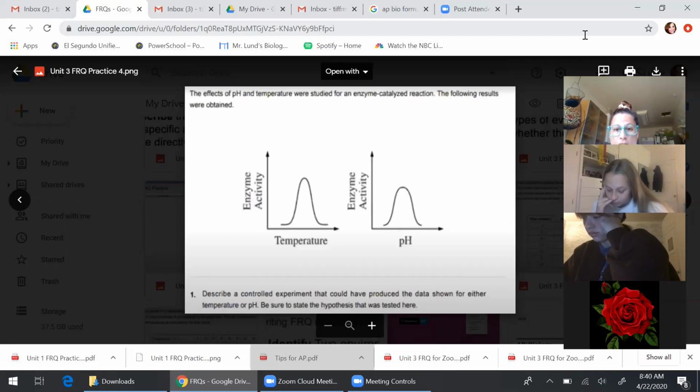That's what they're looking for here. They're not necessarily looking for how much you know about enzymes or how much you know about temperature and pH. They want to know that you can design an experiment based on a hypothesis that clearly has independent and dependent variables.